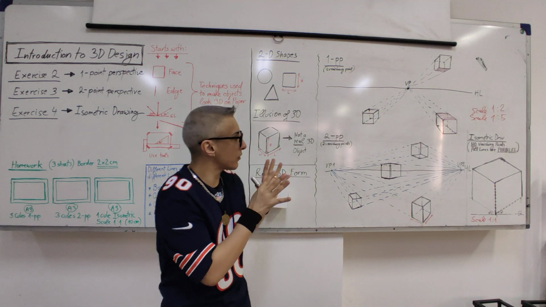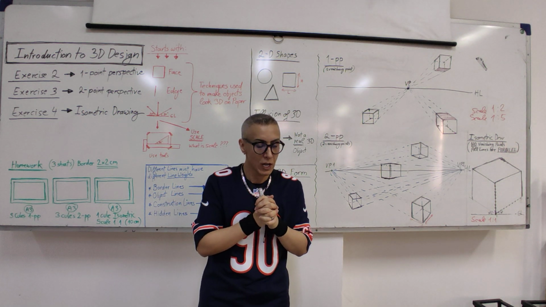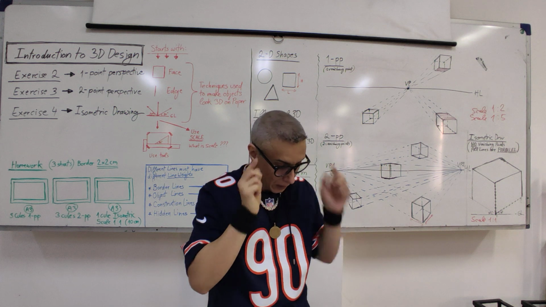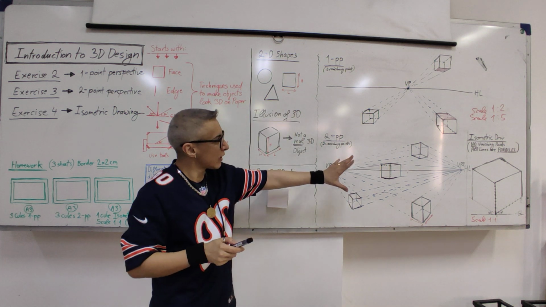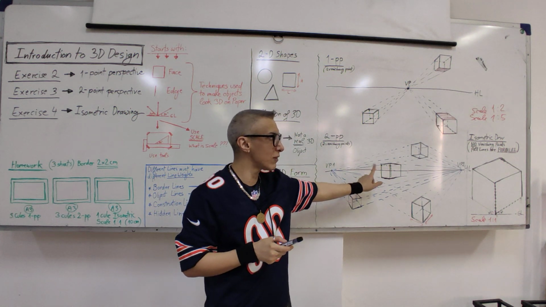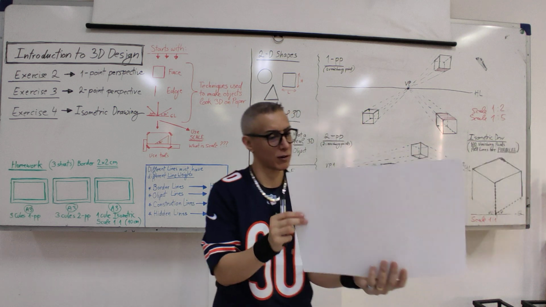Now, a few other things I want to mention that you need to be very careful about before I mention the homework. I will go back to the perspective, to the two-point perspective method. Be very careful here. Sometimes you have, let's say, this paper.